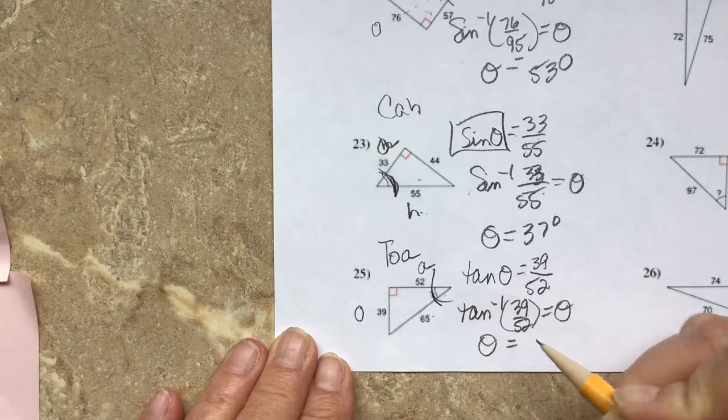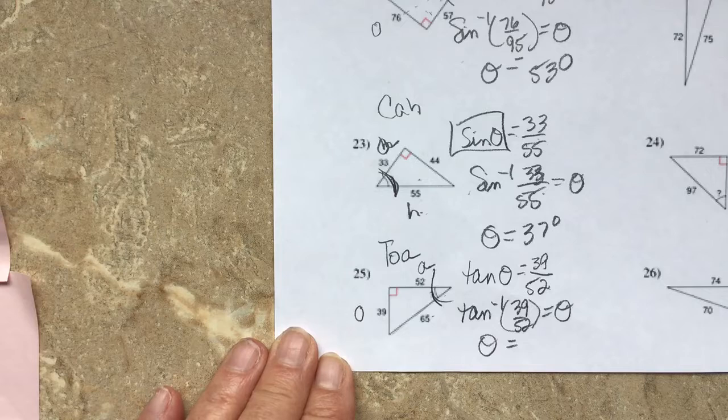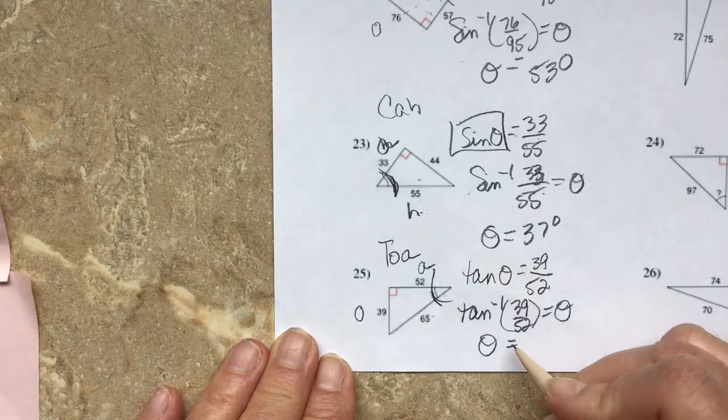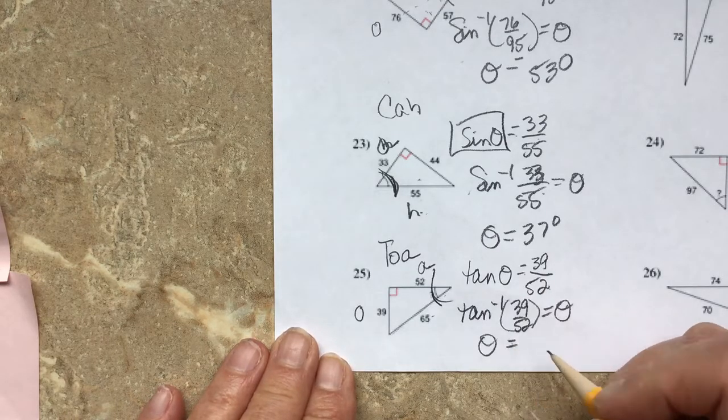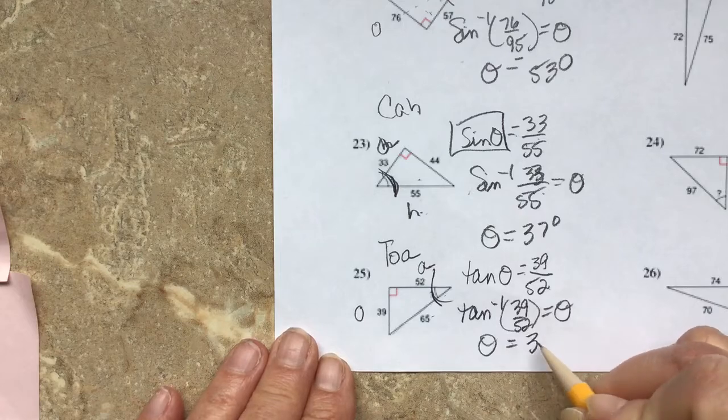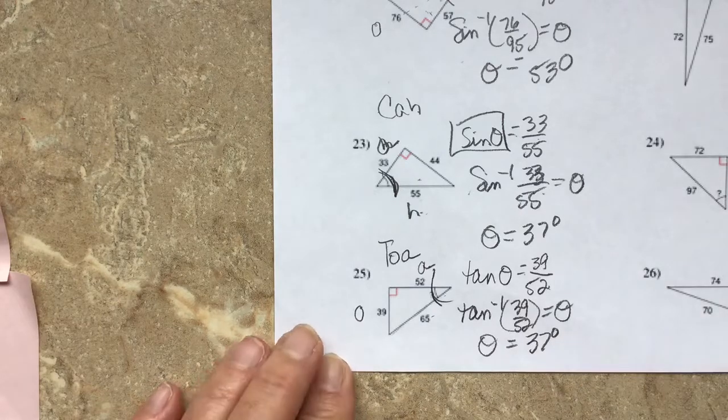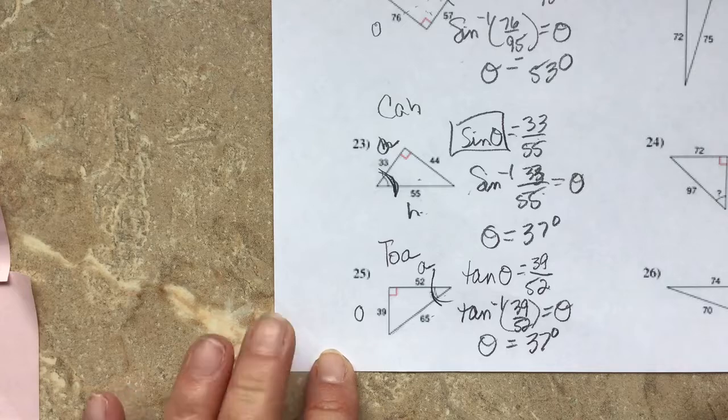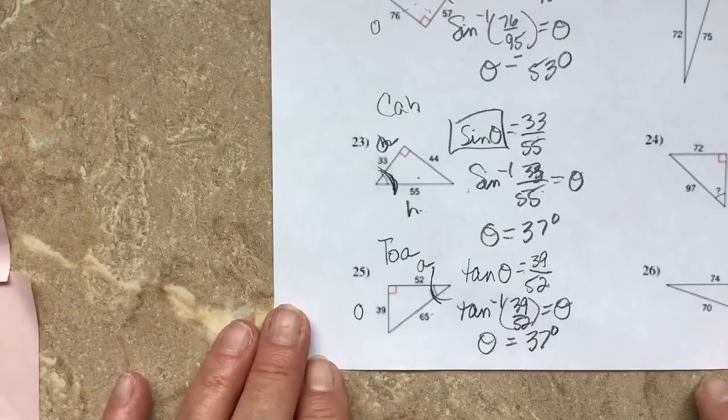So theta equals second tangent, 39 over 52, hit enter, so theta is 36.86, so 37 degrees. Okay, yeah, I was right, that is a 3, 4, 5.